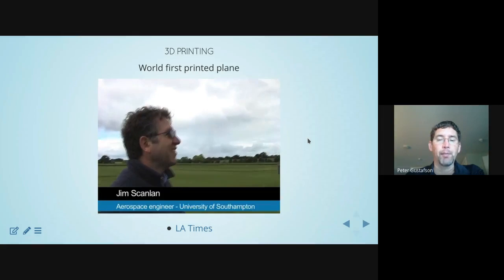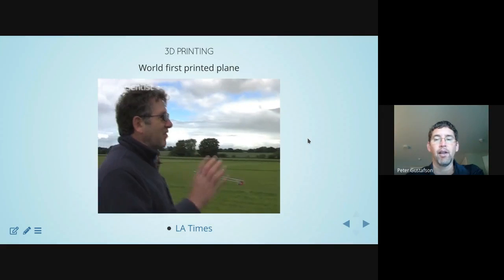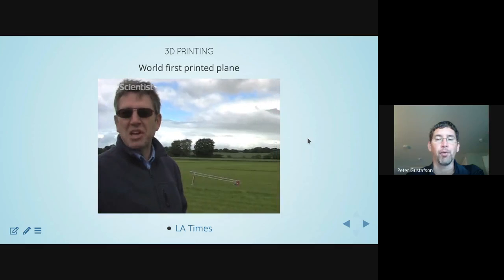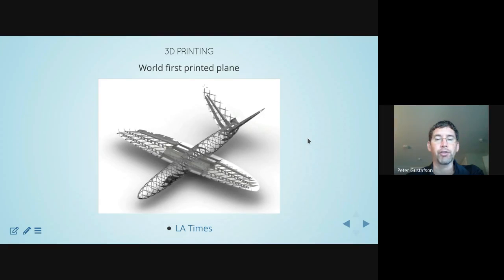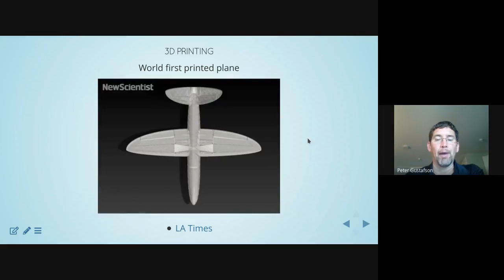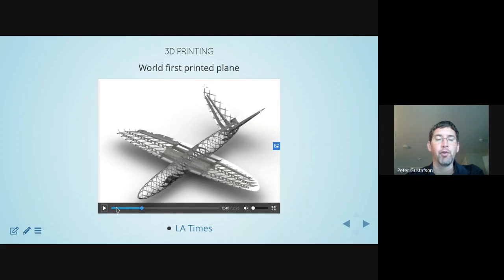Not only can we 3D print in plastics, we can also 3D print in carbon fiber reinforced materials. We can also now 3D print in metallic structures. And so by 3D printing, we can really take advantage of some new structural concepts.